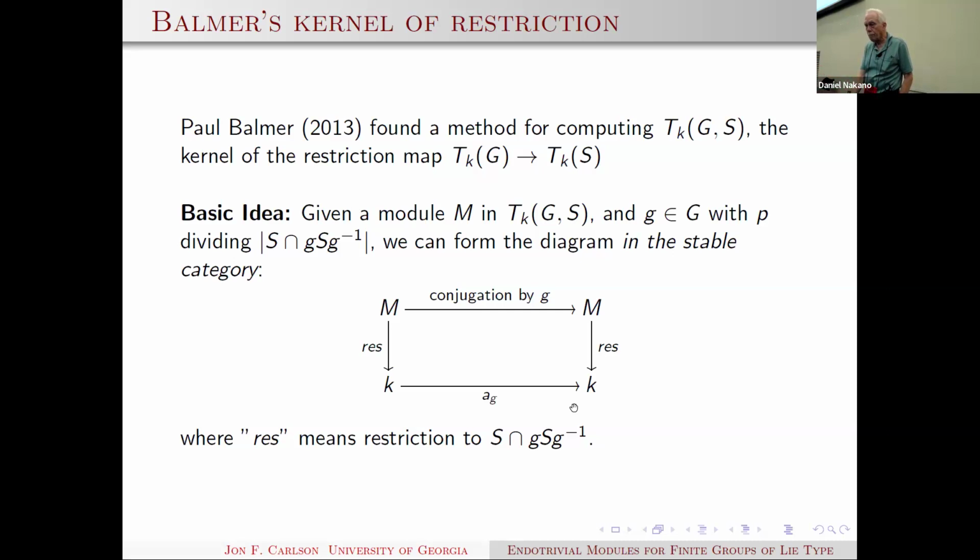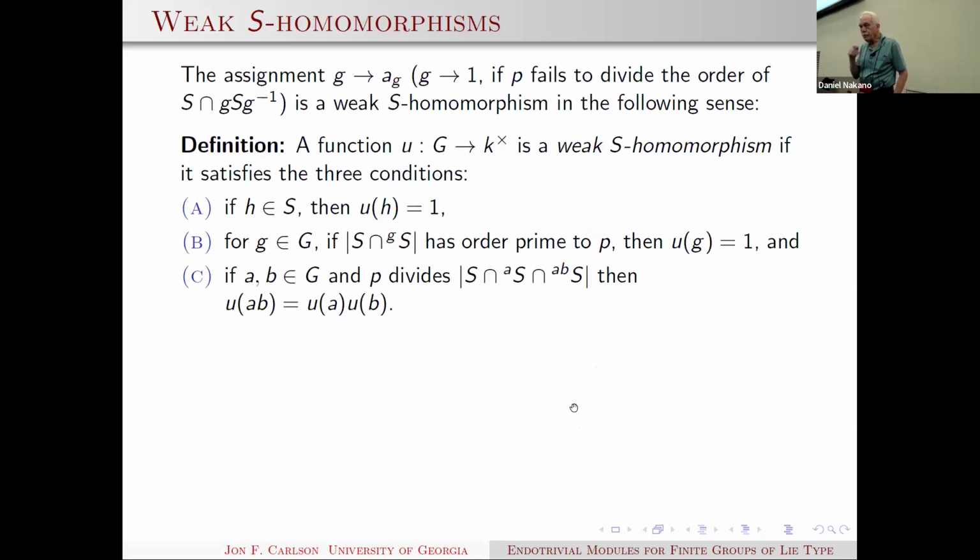coming from this endotrivial module M, Sylow-trivial endotrivial module. And this assignment then is something like a map from G to this scalar. It's sort of like a linear character for the group. Now, what you have to do is say that g goes to 1 if p fails to divide the order of the intersection.